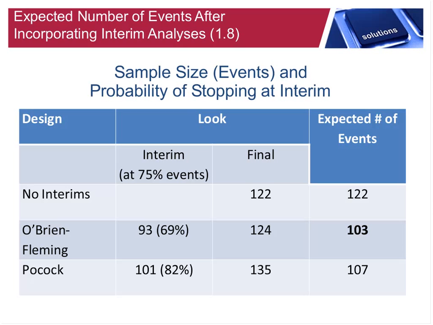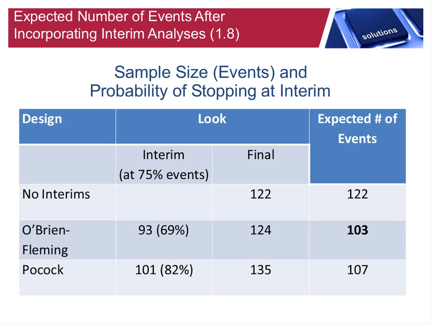However, the expected number of events is 103, which is much better than what you would have without interim analysis. And in this case, the Pocock function gives you a very good chance to stop early, at 82%, but because of alpha adjustment, the final analysis comes after 135 events. Then the expected number of events would be approximately 107.